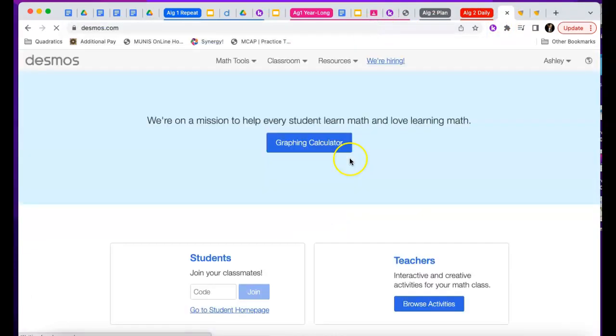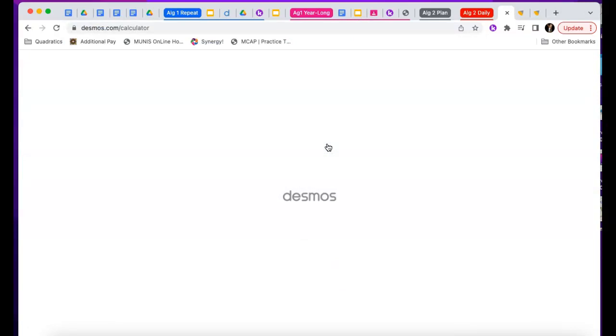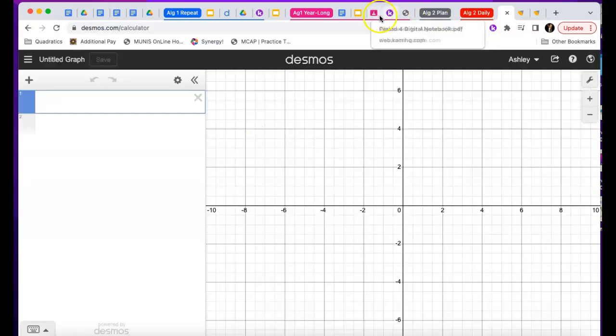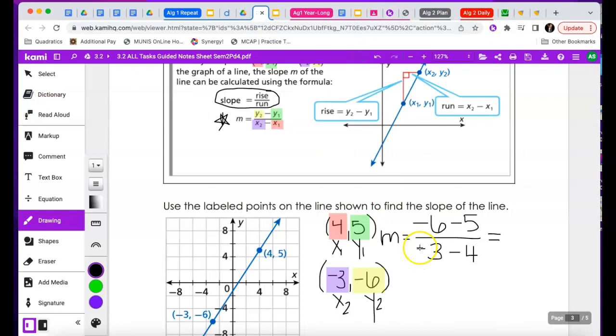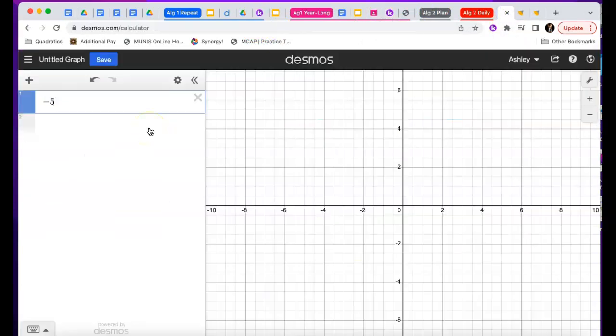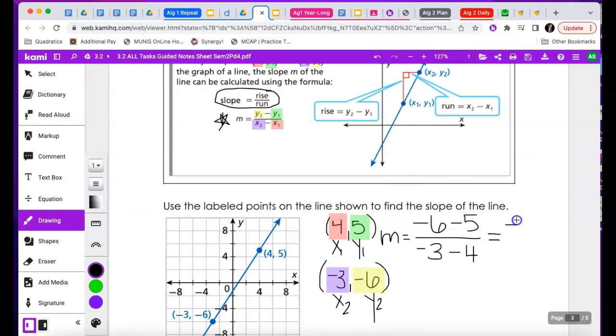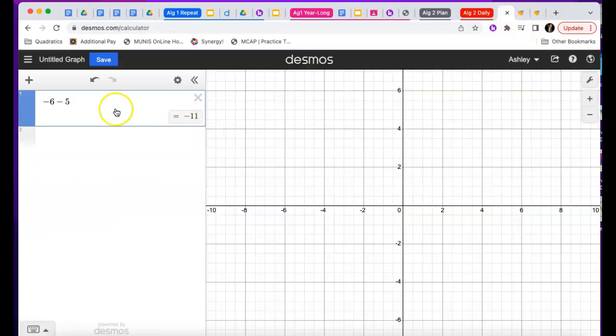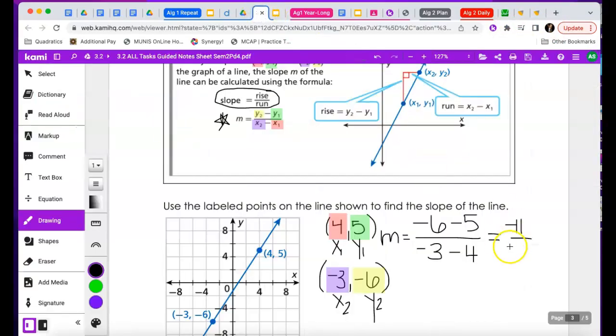So we'll open up our Desmos graphing calculator. We'll look at the top. So -6 minus 5. So I'll put -11 on the top. And then divided by -3 minus 4. So I'll put a -7 on the bottom.